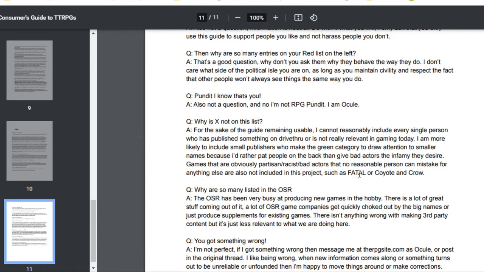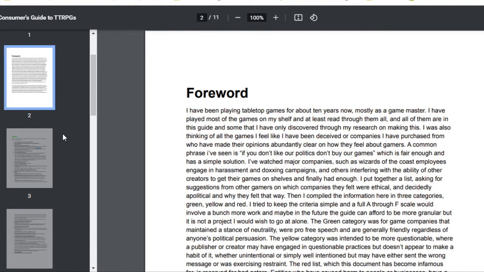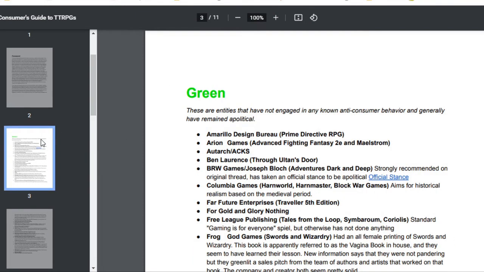Then they go through, and in both the foreword and the little introduction to each list itself, it gives a better example of what they're talking about for each category. So green is supposed to be companies that were neutral, that are pro free speech, companies that are genuinely friendly regardless of their political persuasion.